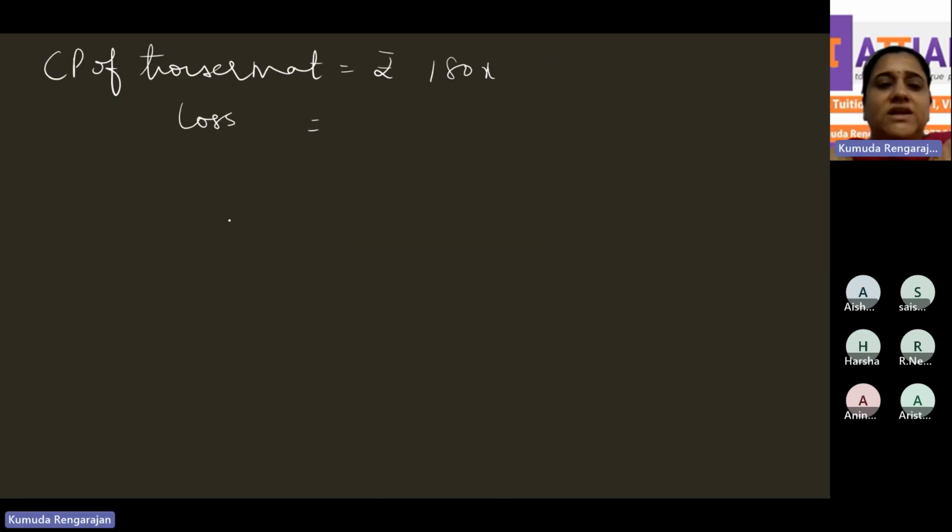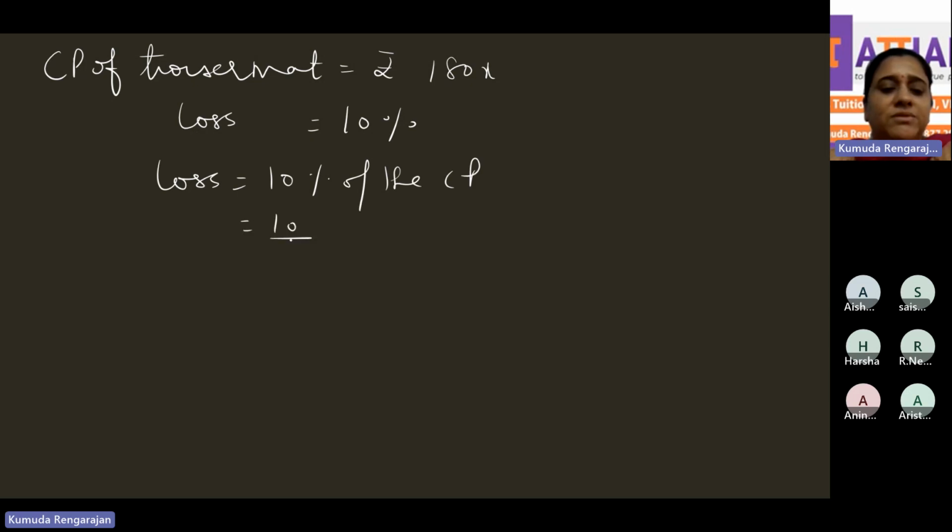We're just trying to understand if it were a loss, then how we would have to handle it. So loss, supposing it was 10%. Then loss is equal to 10% of the CP. All that calculation will be the same. 10% means 10 by 100, of means into, 180x. So that is 18x.